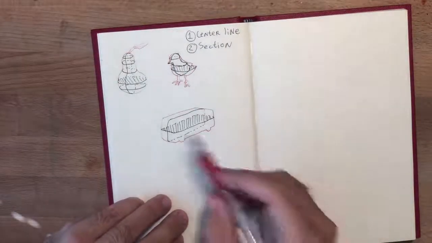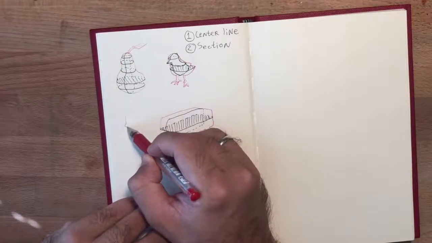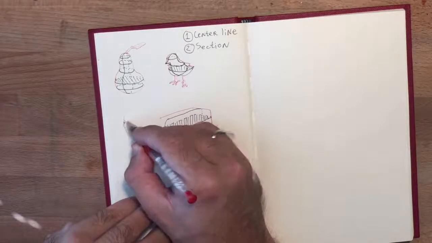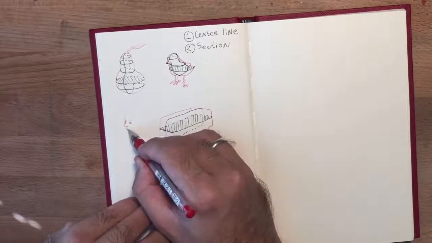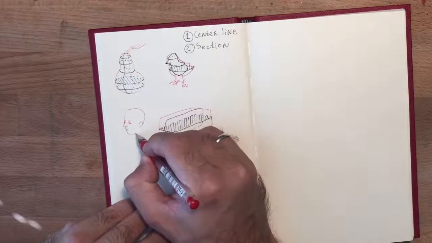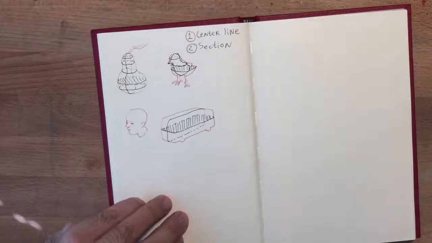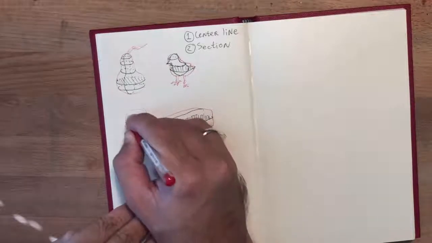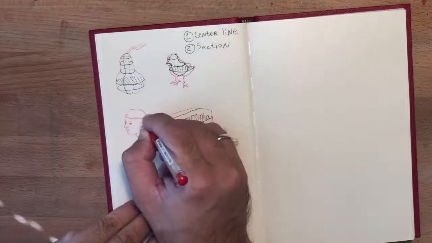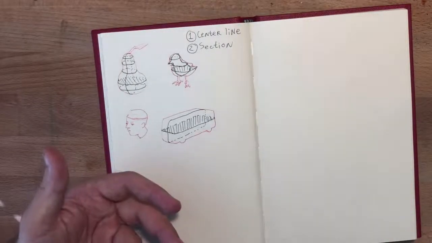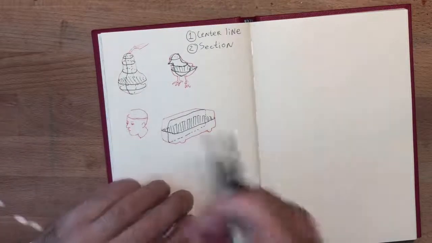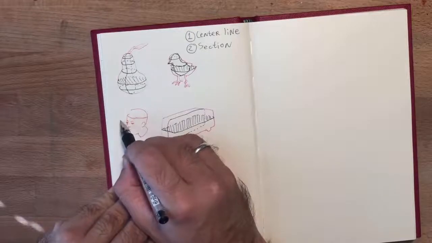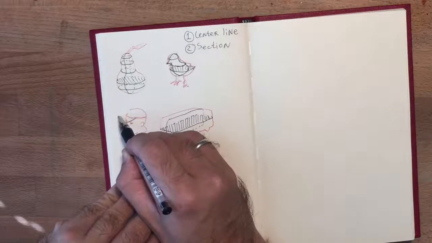So let's say also for a head, if we make this section line on the head, you need to know this section when you want to draw a head or maybe a haircut. Let's say, let's draw this cap, right?